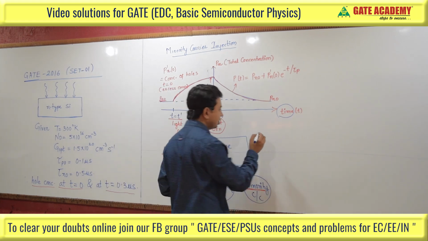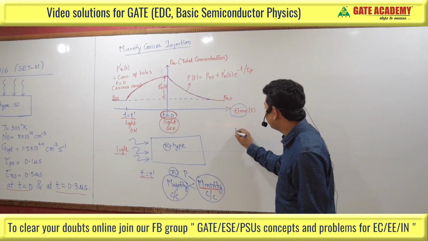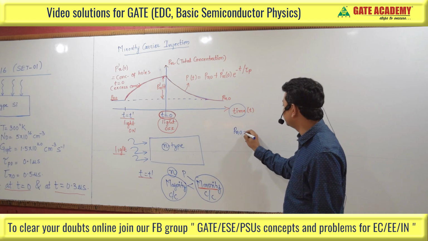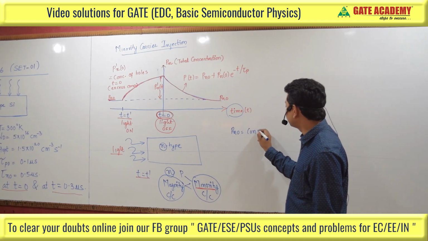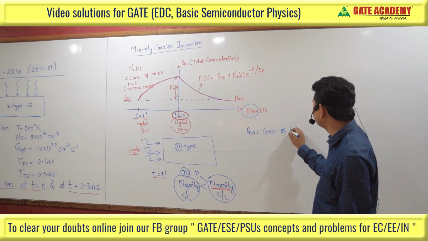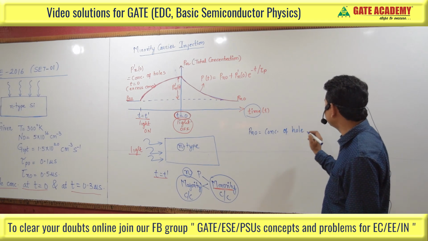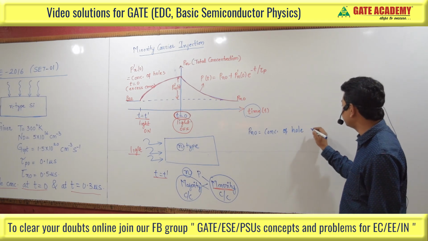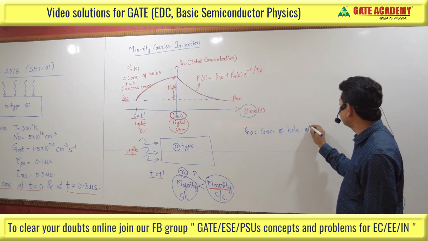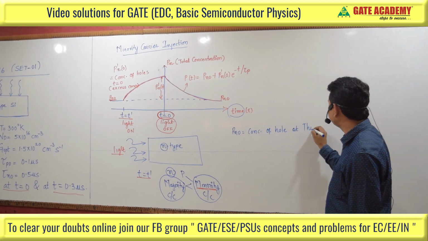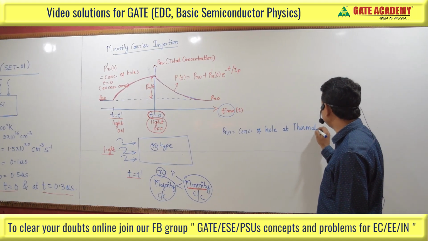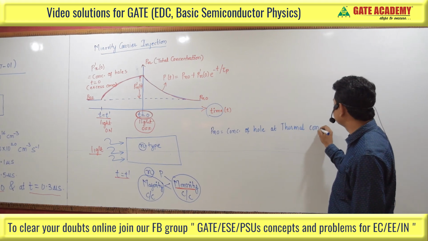So we can write one by one. Here we have pn0, which is the concentration of holes. Initially, how many holes are present? This is the concentration of holes at thermal equilibrium, that means the initial hole concentration.